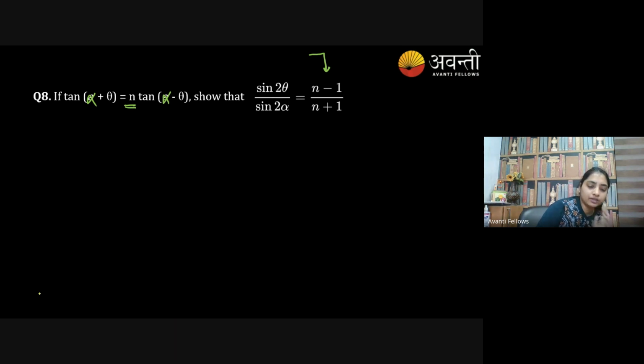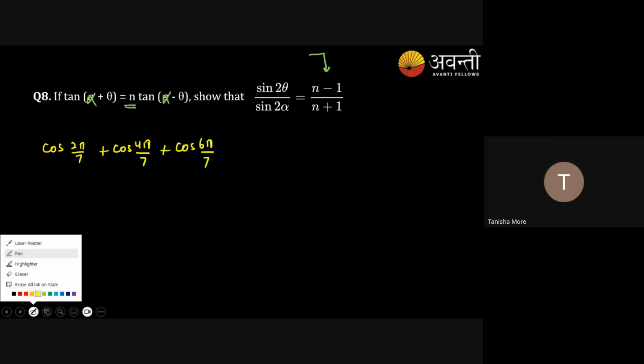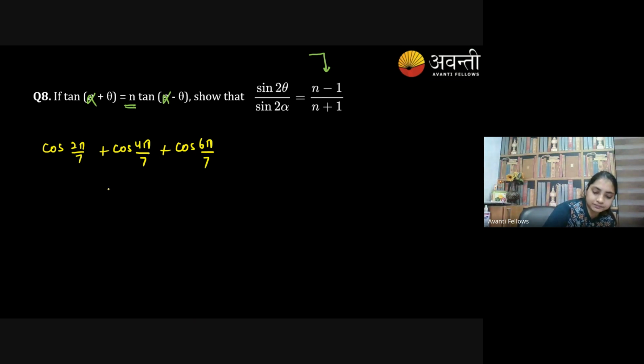I'm just coming to Tanisha's question. Tanisha told me that when angles are in radians, she is unable to solve the series question, right? So Tanisha, see, suppose you have cos 2 pi by 7 plus cos 4 pi by 7 plus cos 6 pi by 7. Can you see these are in AP?